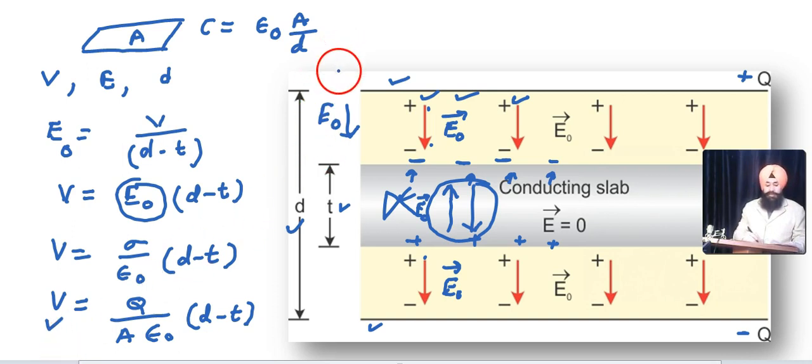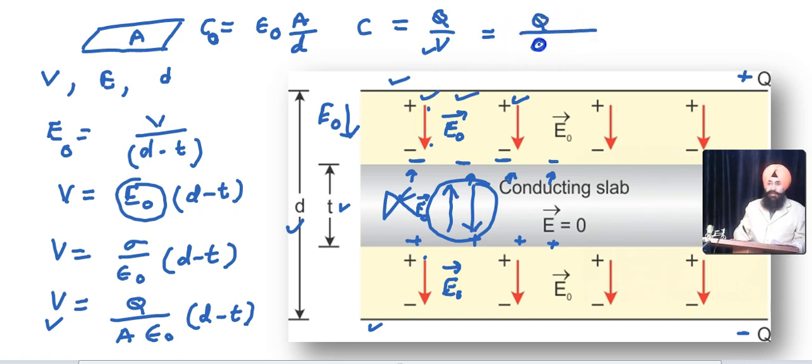Now you know the formula of the capacitance. This is the capacitance when there was no conducting slab. Now when there is a conducting slab, the capacitance becomes C. C equals Q by V. Substituting this value of V here, Q divided by Q upon A epsilon naught times (d minus t).